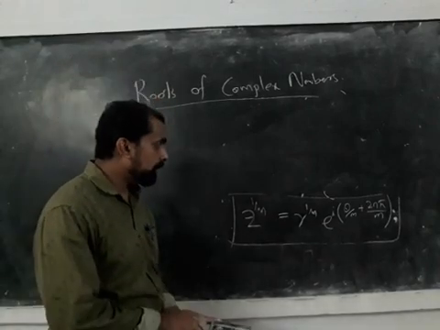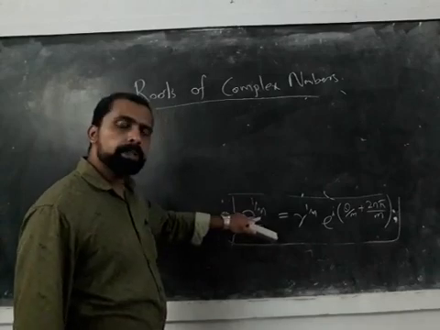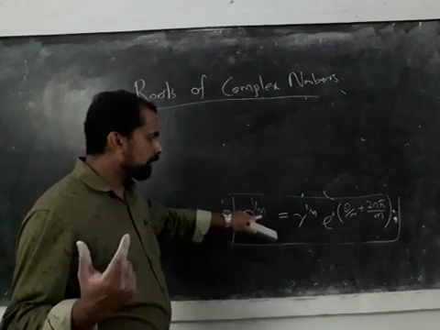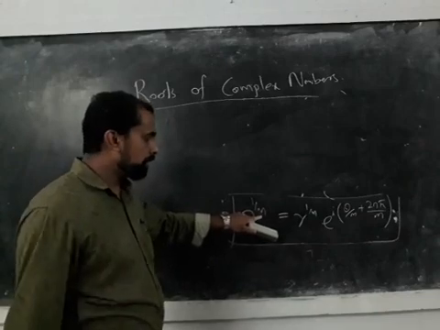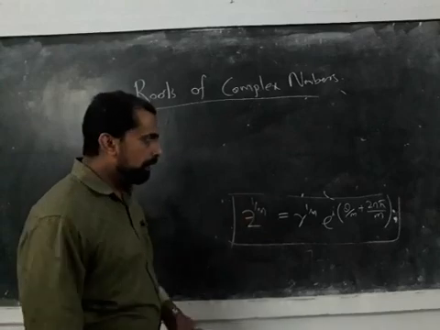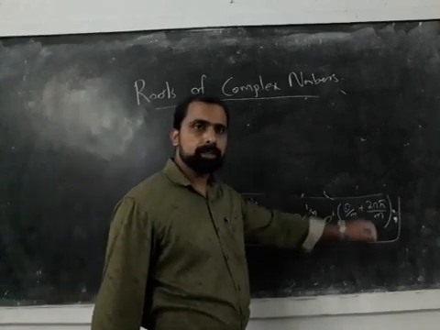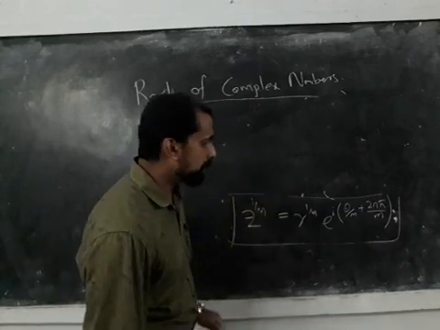So now what you have to be careful about is that this m represents which root, whether it is square root or cube root or something else. But this n is an integer. It will take 0, 1, 2, 3, etc. Okay? But you have to be careful.